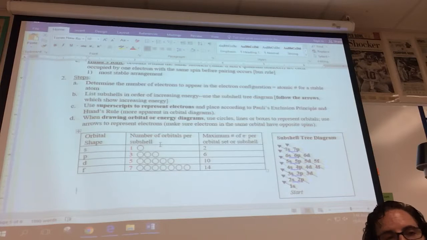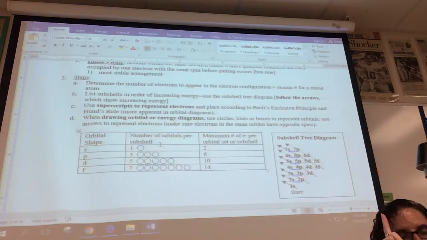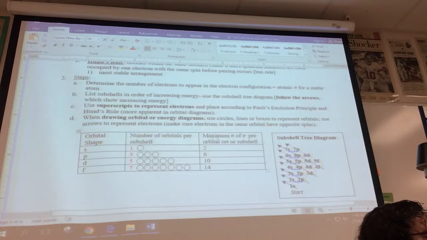All right. Now, Pauli's exclusion principle says you can fit a maximum of how many electrons in an orbital? 2, but they have to spin oppositely. So to figure out the maximum number of electrons per orbital set or subshell, you're just multiplying these values by 2.